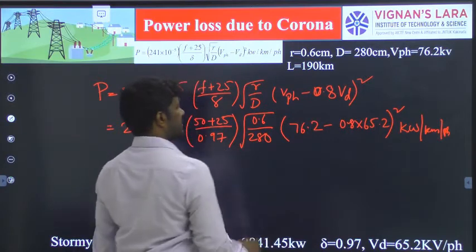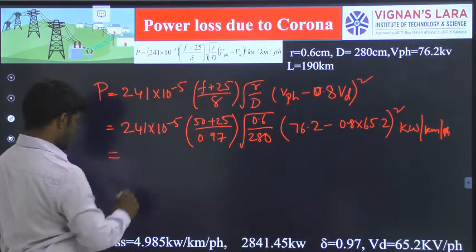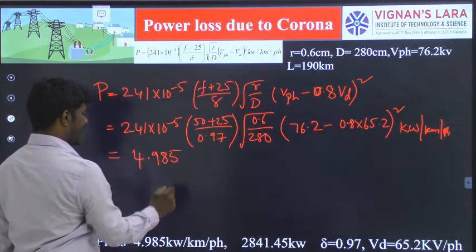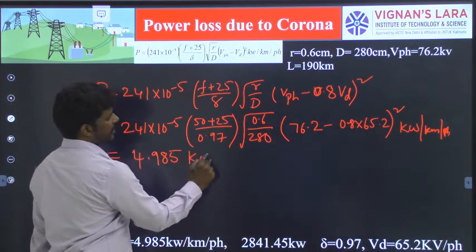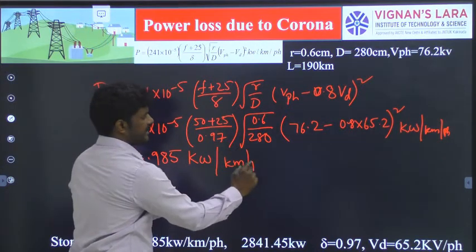Substituting in the calculator, we get this magnitude as 4.985 kilowatts for a length of 1 kilometer for each phase.